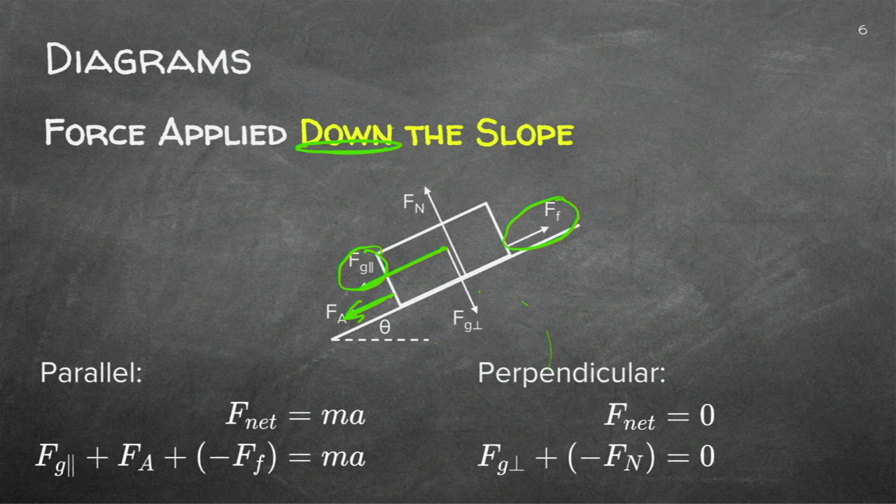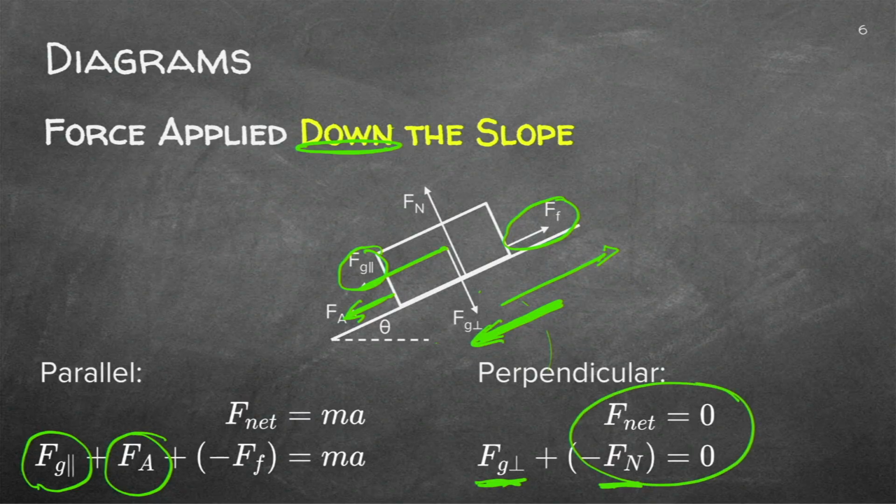I've got my downward gravitational parallel component, and I've got my downward applied force, with the friction being in the opposite direction. Perpendicular, we've got the perpendicular component and the normal force. Because this object is moving down in this case, you know that there are no net forces in the perpendicular direction.